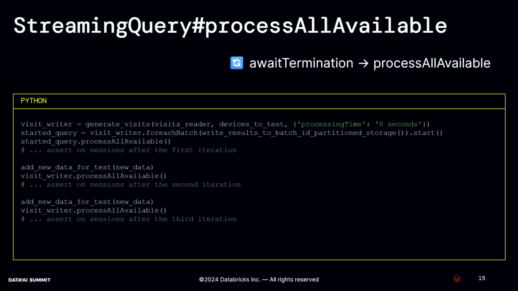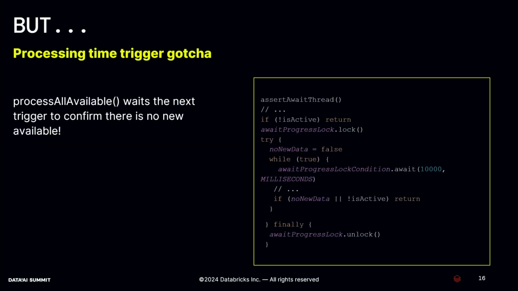The processing time trigger is also very important for processAllAvailable, because of how it works: there is a no-new-data flag that processAllAvailable sets to false. It processes the data, so the main thread is stopped, and later it executes the next microbatch.